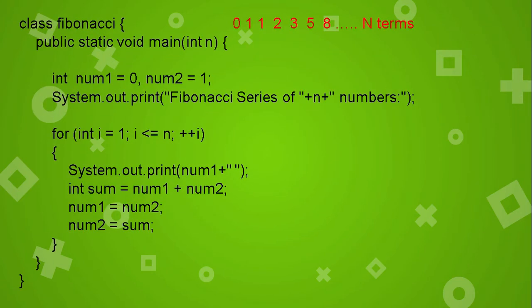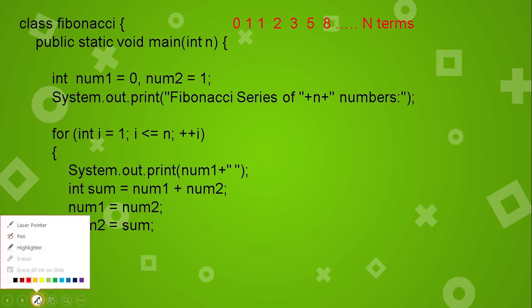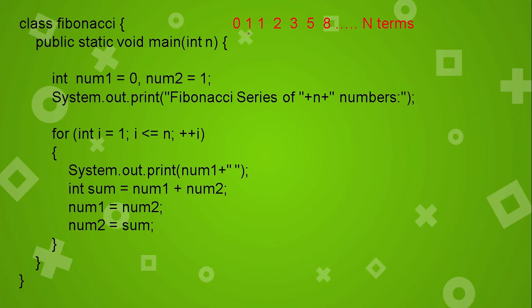Here the first program I have written is to generate these numbers. These numbers are called Fibonacci numbers, the Fibonacci series. See how you are going to get these numbers. 0 plus 1, 1. 1 plus 1, 2. 2 plus 1, 3.